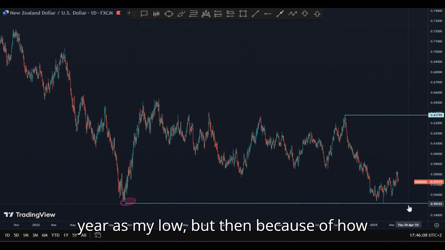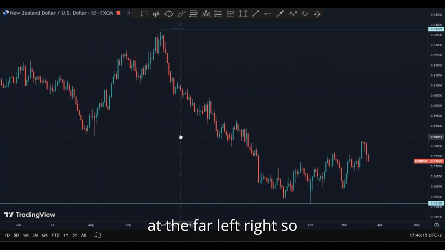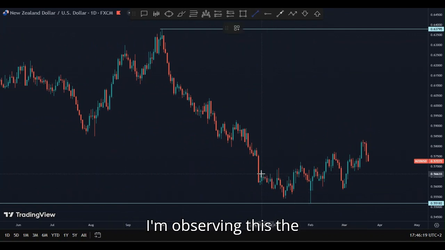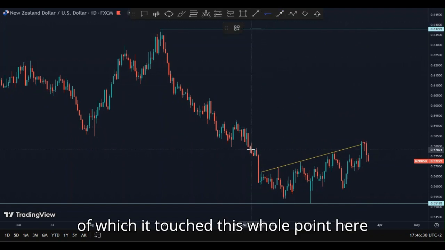But because of how it gave us a double bottom, I identify my bottom low at the far left. What I can already see here is the 1, 2, 3 right here, which tested this hook point here.